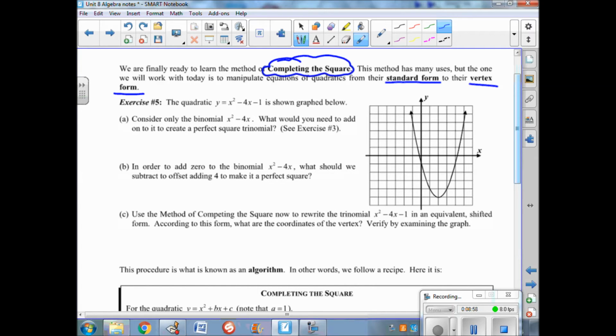So we've got the quadratic, y equals x squared minus 4x minus 1, and it's graphed for us to the right. It says consider the binomial x squared minus 4x. So what they're asking us to do is to consider the first 2 terms of our standard form. What would you need to add onto it to create a perfect square trinomial? And it says see exercise 3.